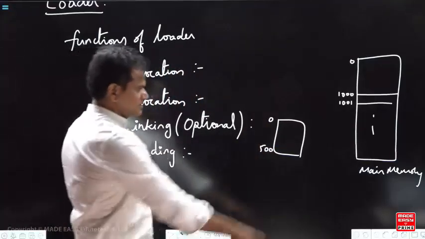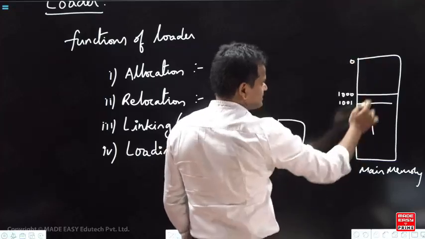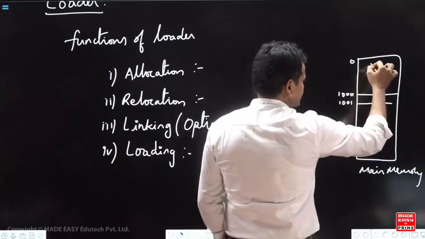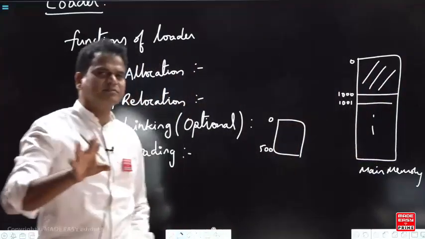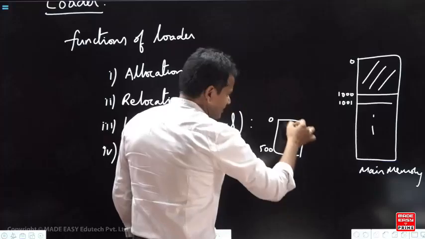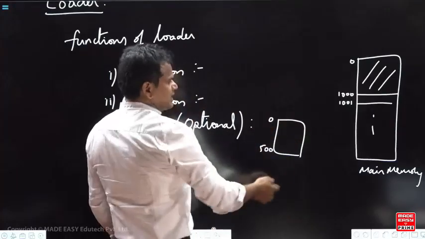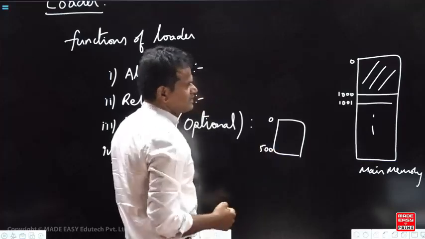Suppose this is the main memory, and these are the addresses. In 0 to 1000, it is already occupied by some other program. And this is the present program which has to be loaded from address 0 to 500.